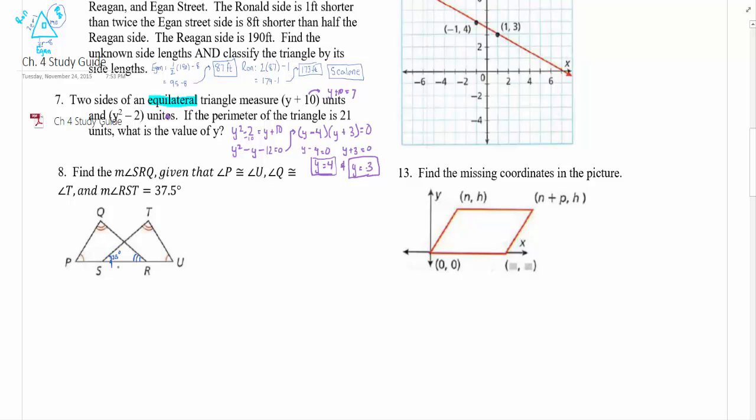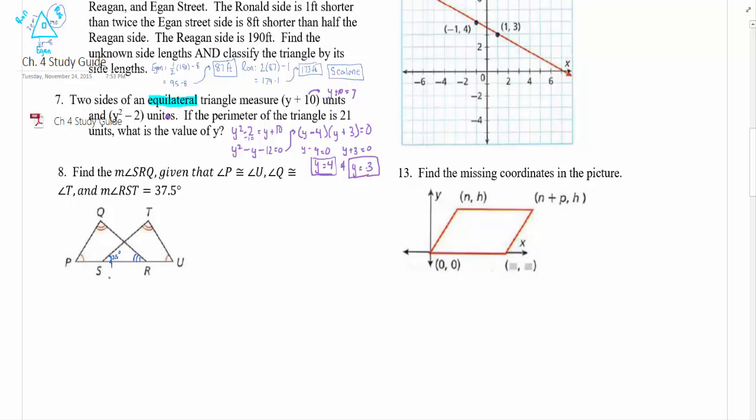Now, in order to do that, I need to try to do some triangle congruence here to show that these triangles may be congruent, and then I can find it. If I'm looking at these two triangles, they do or will potentially overlap.